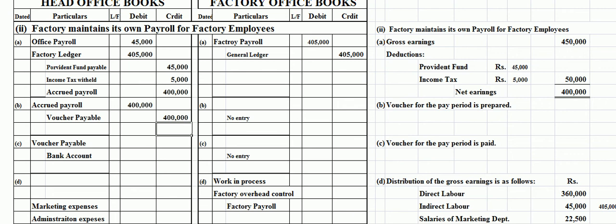Now students, the third part is the voucher for the pay period is paid. Then we have to debit voucher payable and credit the bank account for the payment of 4 lakh rupees, as payment is made to the employees here.